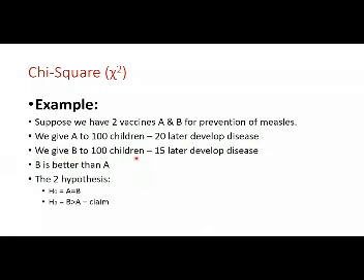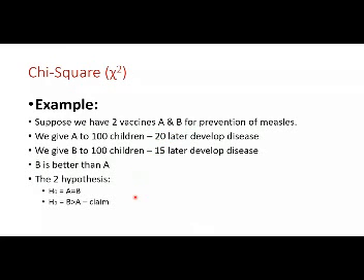And in case of vaccine B, 5 out of 100 later develop the disease. Now apparently B is better than A, because in this case the attack rate is 20% and in this case it's 5%.